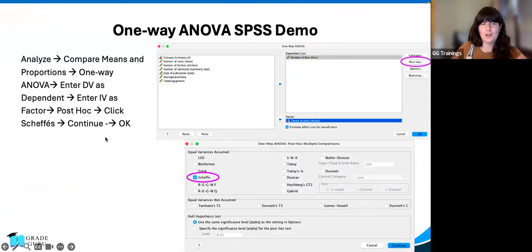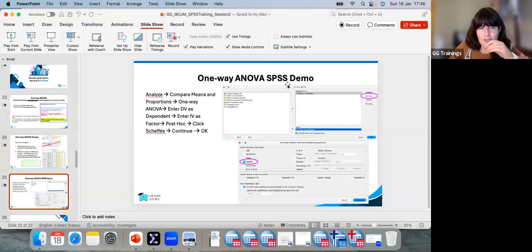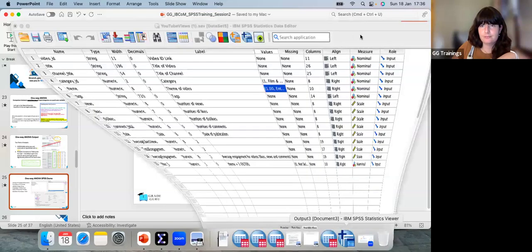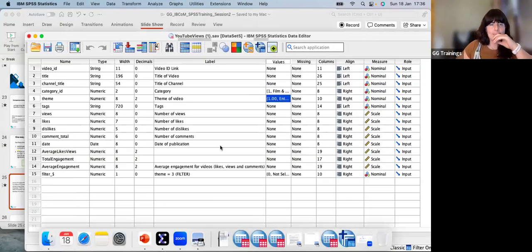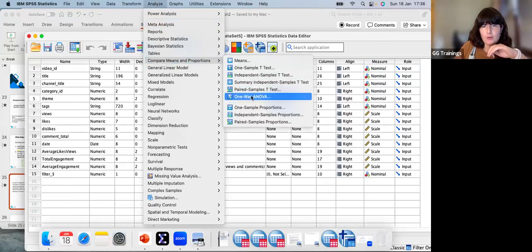Okay, let's do our ANOVA. What did I use? I must have used YouTube videos. Okay, so we go to analyze, compare means and proportions, one-way ANOVA.